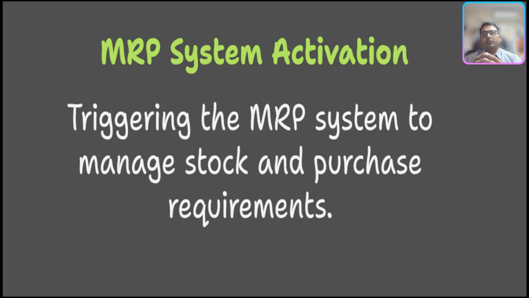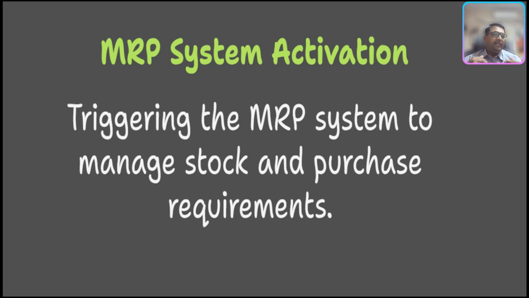This MRP system would basically pull in the FG quantity that is to be manufactured, and the bill of material, also called the BOM, is configured in this MRP, which is basically used to arrive at the raw material that is required to be purchased.